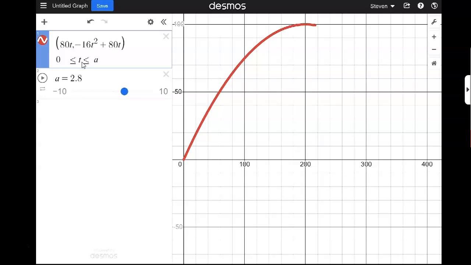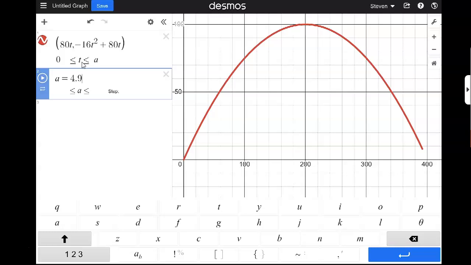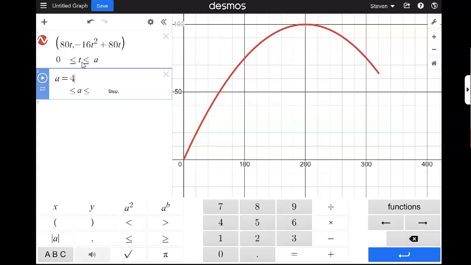As t increases, the ball is moving from left to right. It's going up, and then it's coming down. And I'll just type in 5, so it'll stop at 5.